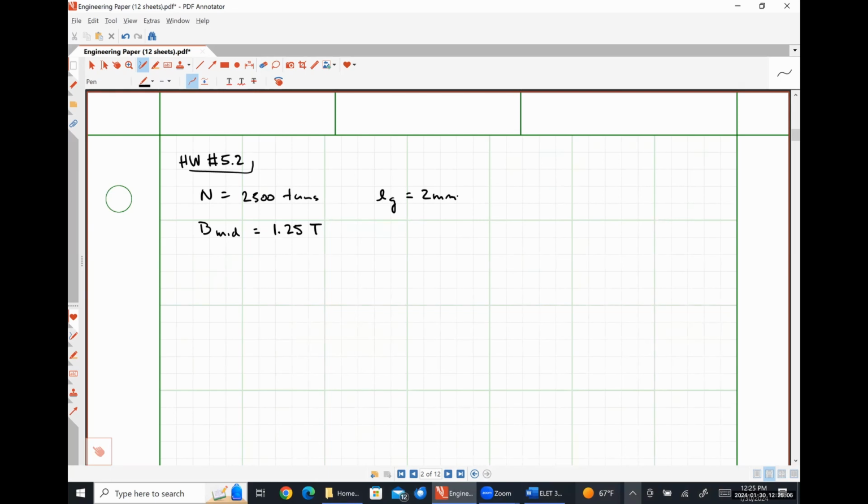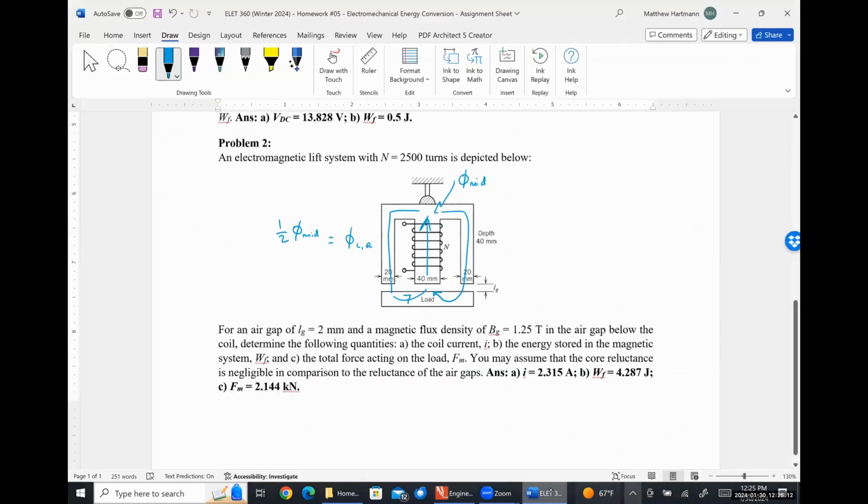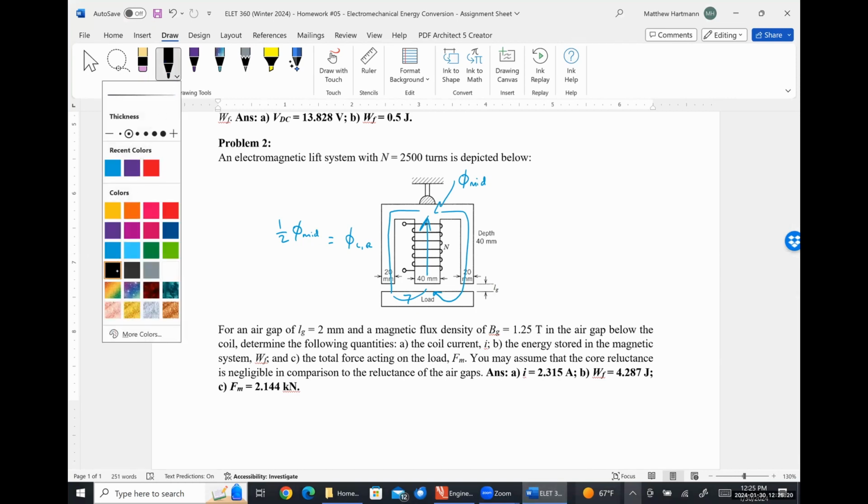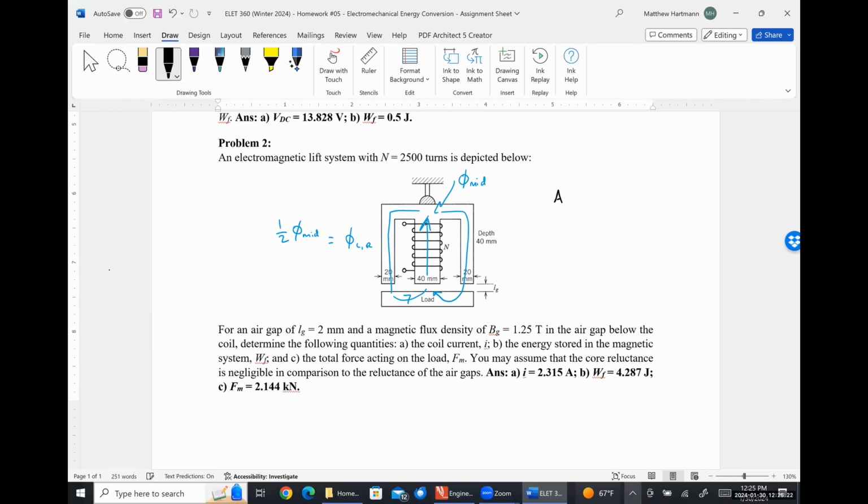And we also have some dimensions here, right? So my middle gap is going to have an area of 40 millimeters plus LG, squared, because we're told that it's 40 millimeters wide and then 40 millimeters deep into the page.